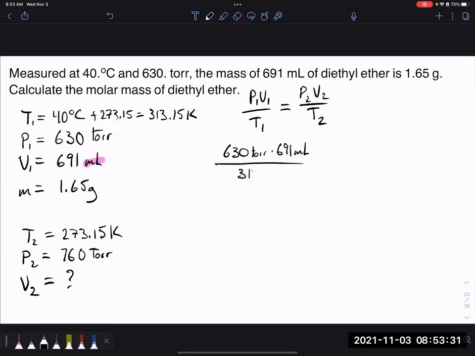So over 313.15 Kelvin. And then our pressure, these are going to be standard temperature and pressure, 760 torr. Our volume is what we're looking for. And then our T2 down here is going to be 273.15 Kelvin.